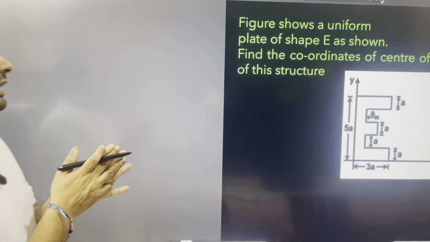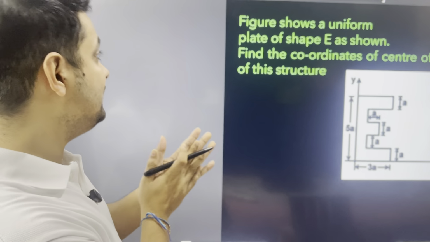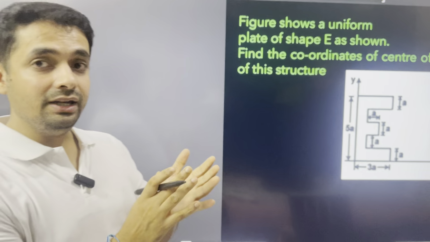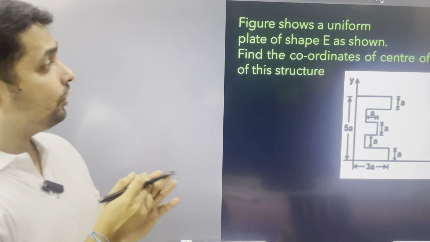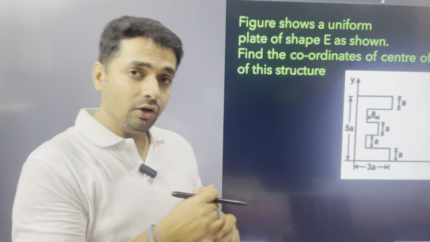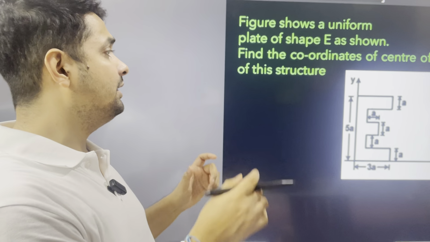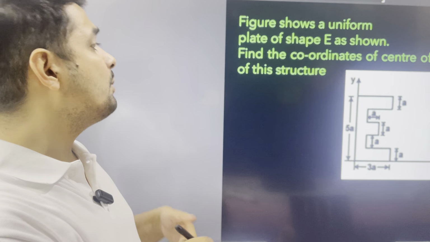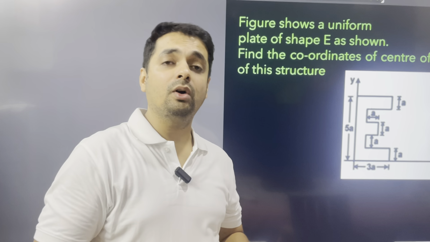Now you see here, there is one uniform plate of shape E, as shown. Find the coordinates of the center of mass of this structure. Now just try to understand, whenever a laminar body, a two-dimensional plate, is there and mass is not given, then what should we consider?